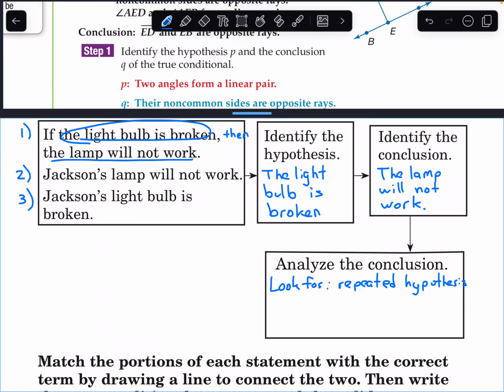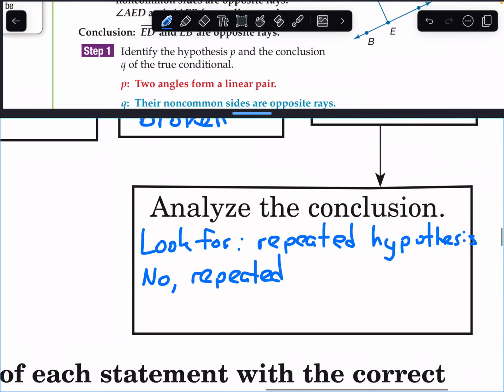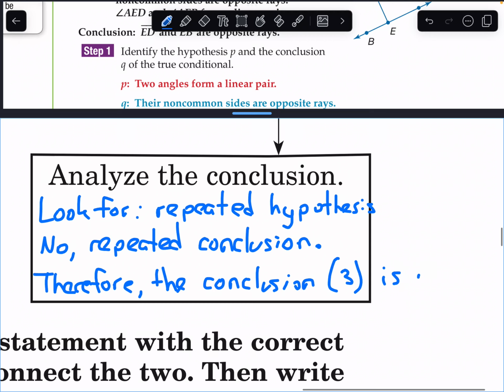So, no. We repeated the conclusion. Therefore, the conclusion, that is to say statement 3, is not valid.